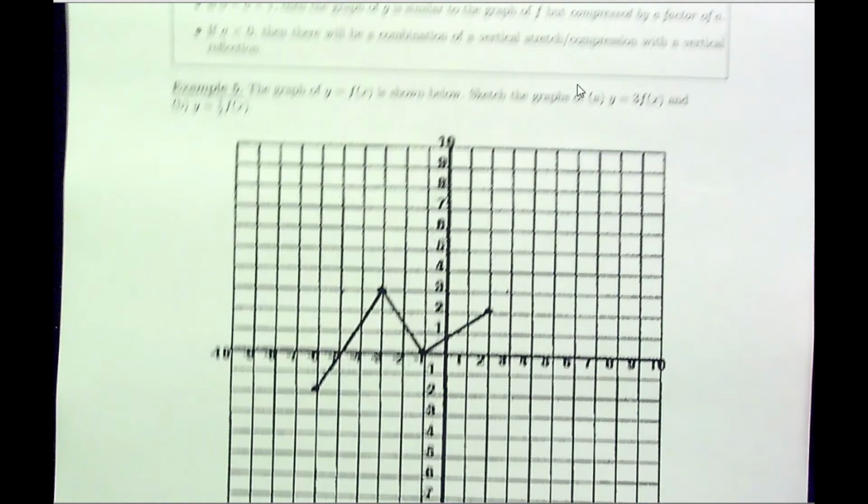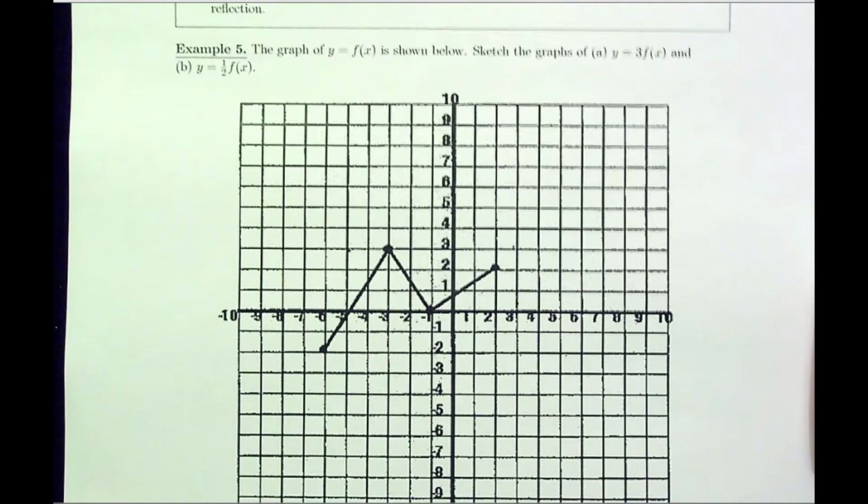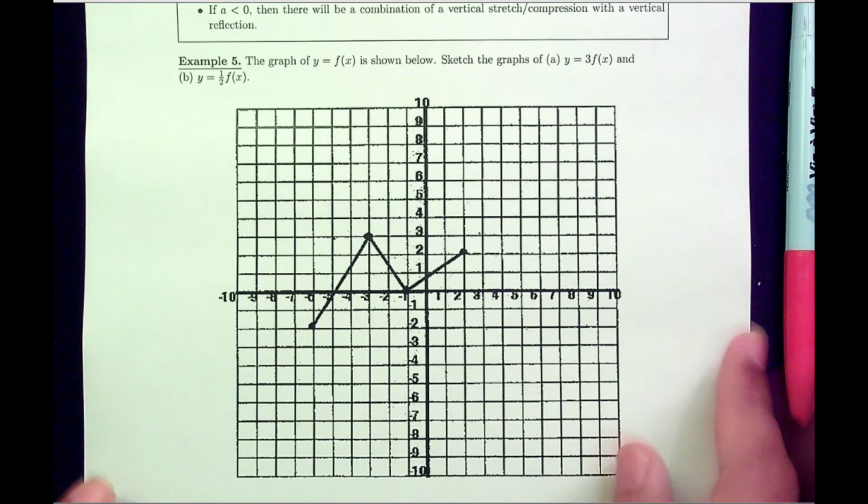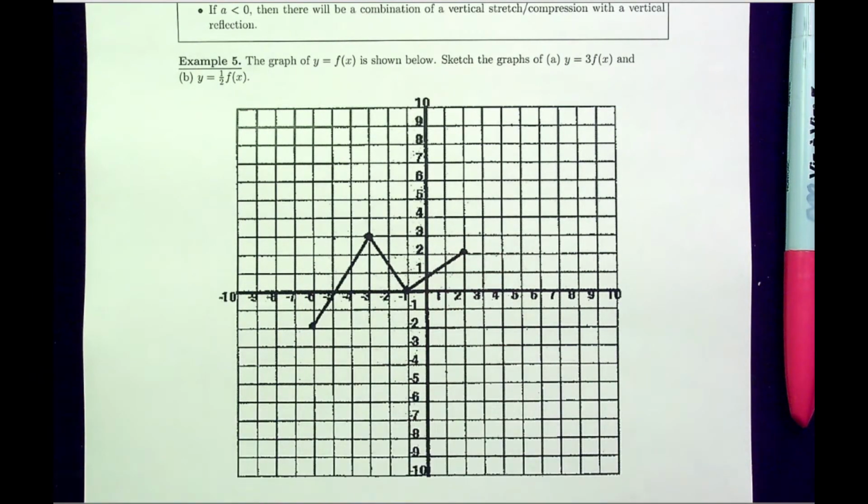Okay, so let's start with this graph right here. So that is the graph of y equals f of x, and the part A says sketch the graph of y equals 3 times f of x. So that means basically that we're multiplying the y coordinate by 3.